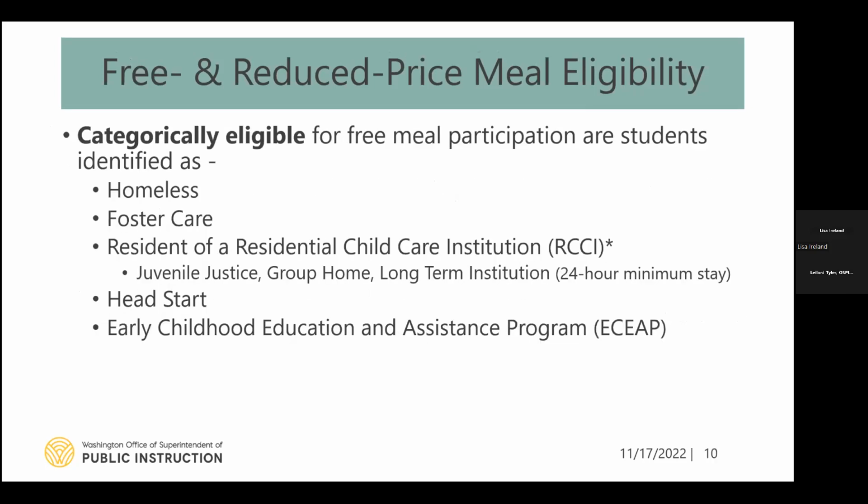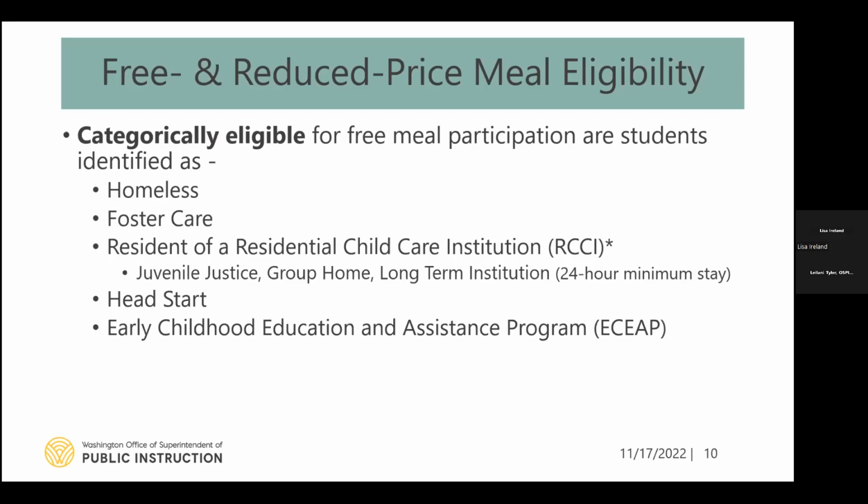There are also students that would be considered categorically eligible. And this was interesting for me when I was reading into some of this information. Categorically eligible means a student identified for free meal participation would be a student that's homeless or receiving services through McKinney-Vento. Those names are synonymous with each other. Also students identified as being in foster care, or students who have been residents of a residential child care institution.